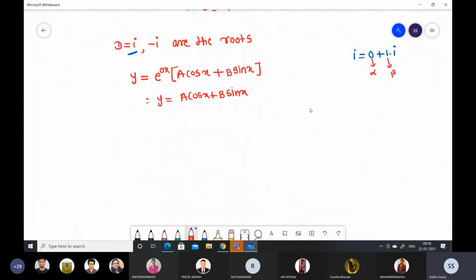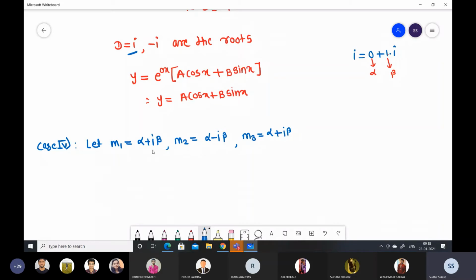Okay, now let me go to case number 4. In case of complex roots, what about if some of the roots are repeated? So let m1 is equal to alpha plus i beta, and then as I told you earlier, by default its complex conjugate has to be a root, so m2 is alpha minus i beta, and let's say m3 is again alpha plus i beta, so it is repeated, right?